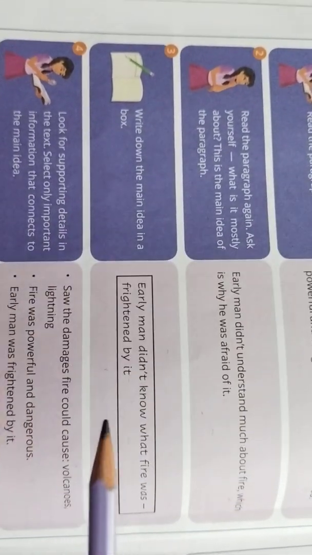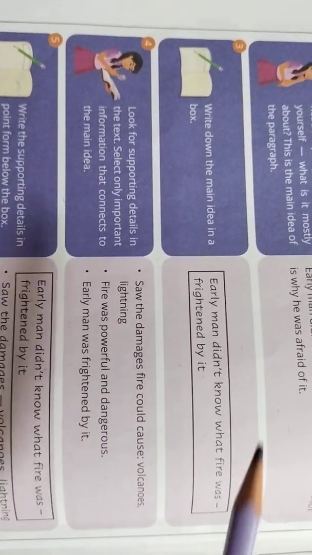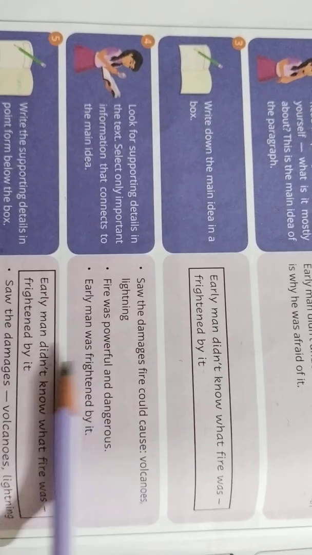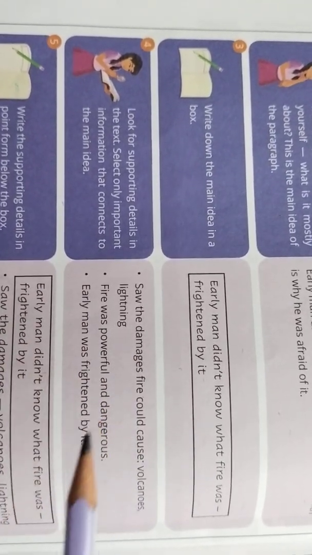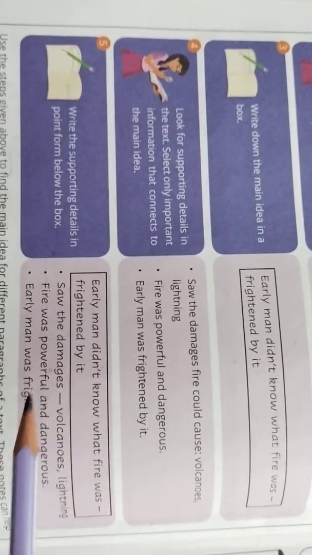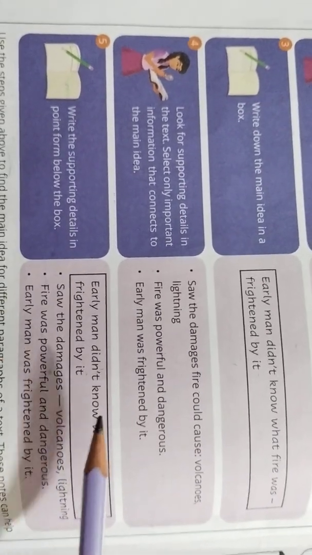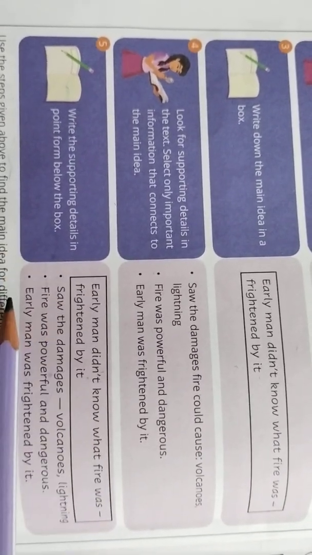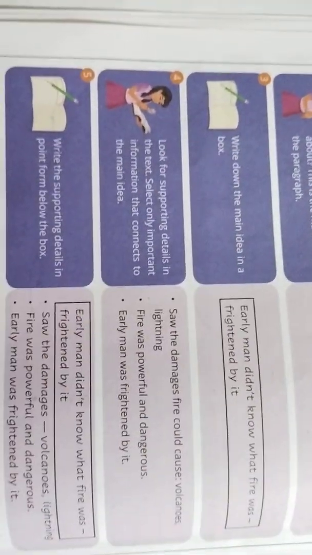Related to it you have to find the supporting details, which are very important to it. Then whichever important details you have found should be written below the main idea in bullet points. Did you get me? So these are the 5 steps that we have to follow to take notes.